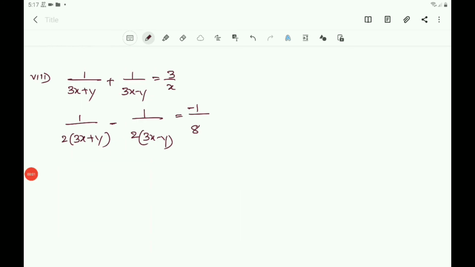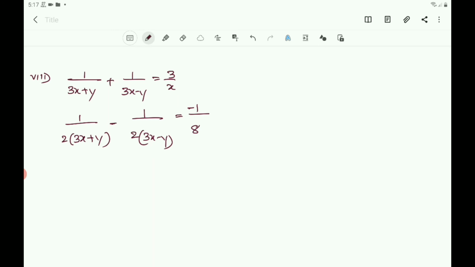Now you take the next question, that is question number 8. The equations are here. 1 by (3x plus y) plus 1 by (3x minus y) equals 3 by 4.